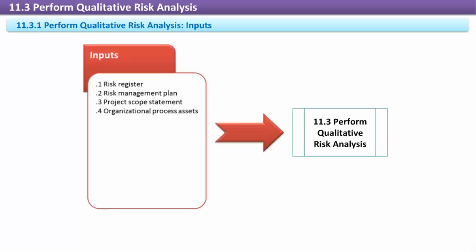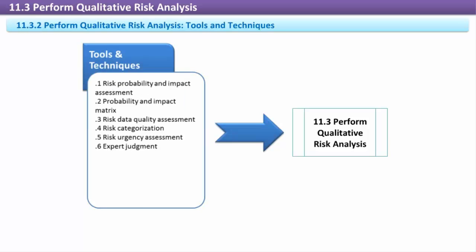The scope statement helps determine the impact a risk may have on the project objectives and may help determine its probability. Organizational process assets. Data from similar, past projects and risk databases will help determine impacts and probabilities.